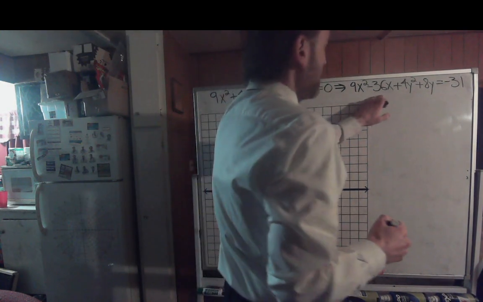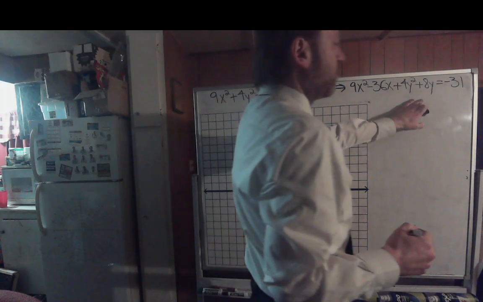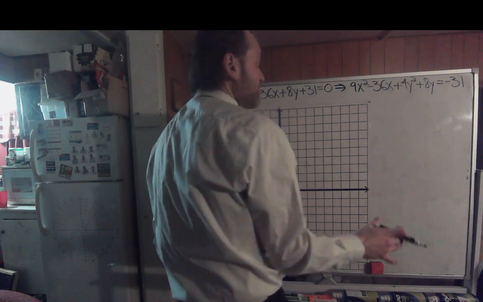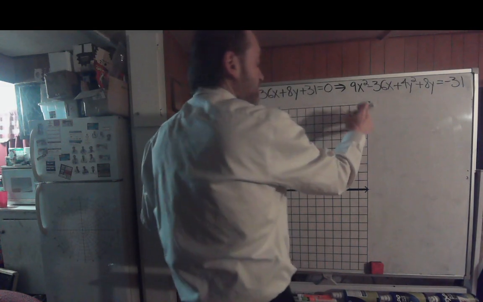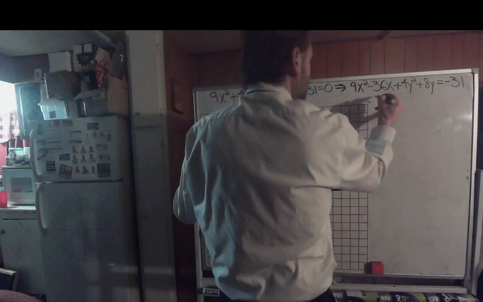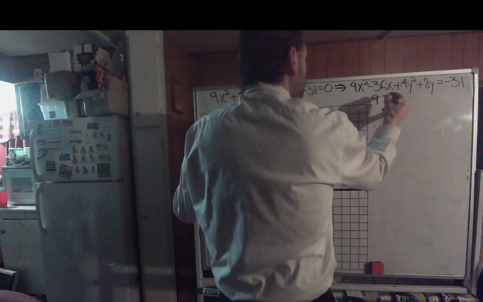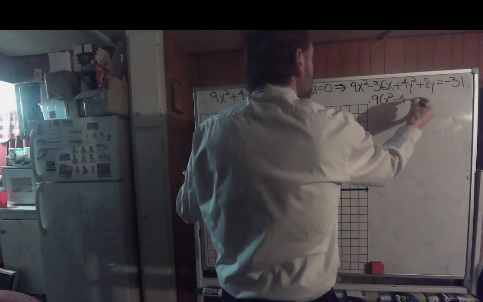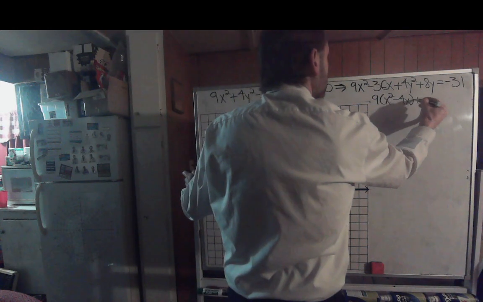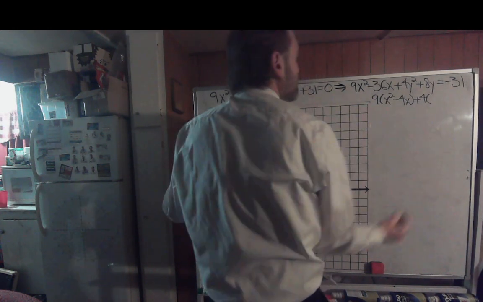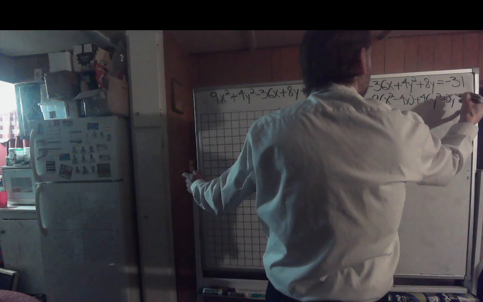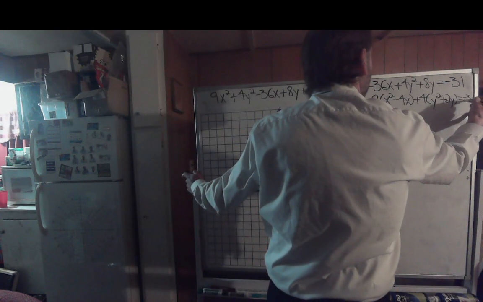So 9x squared minus 36x plus 4y squared plus 8y equals negative 31. Then now we got the variables together, so factor out the coefficient on your variables. So this would end up becoming 9 times x squared minus 4x plus 4 times y squared plus 2y equals negative 31.